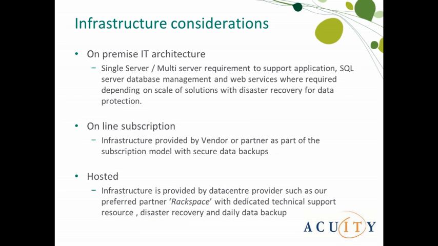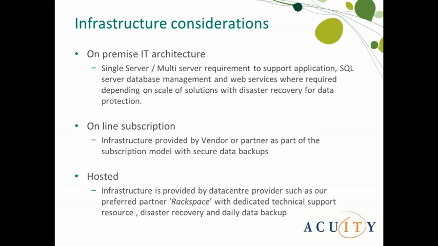Other issues on the infrastructure side of things relate to the deployment methods that we've talked about. We've already discussed some of the options that exist in terms of the on-premise server deployment of a solution. Online subscription and hosted models have come into the Sage offering over the last couple of years, so there is a significant amount of flexibility in how you can obtain the software and how indeed it can be deployed.